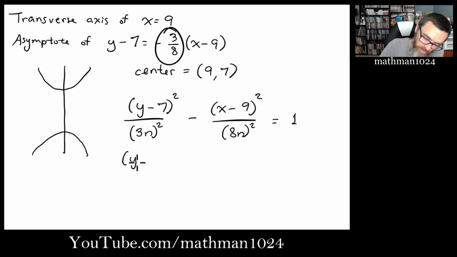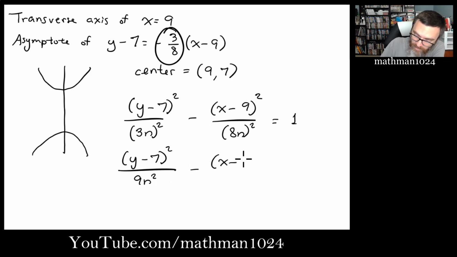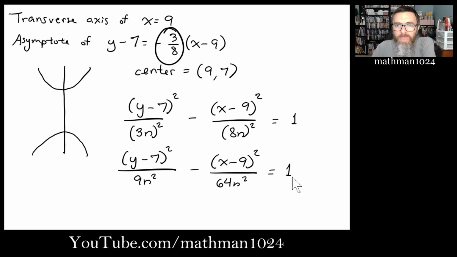So your form would really be y minus 7 squared over 9n squared minus x minus 9 squared over 64n squared equals 1. Because if you do this and you can identify, again, like we've talked about, this is my b, this is my a, it's still going to reduce to 3 over 8.